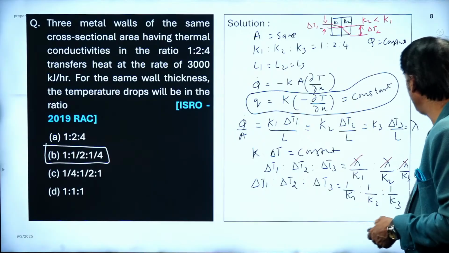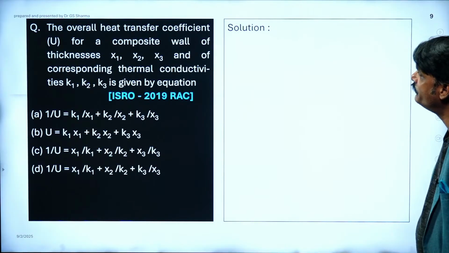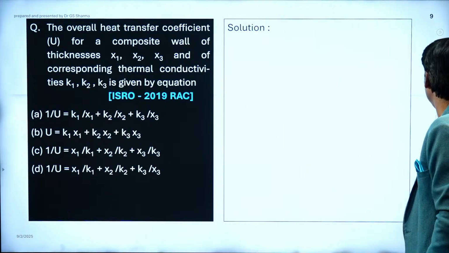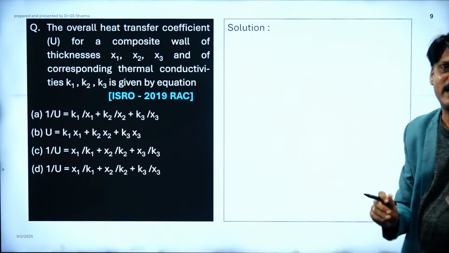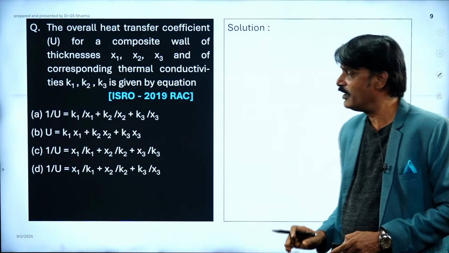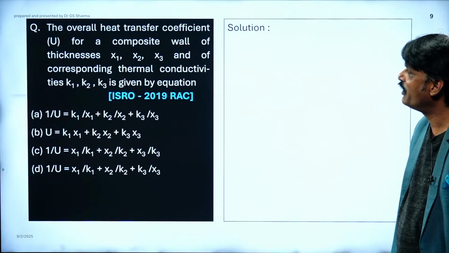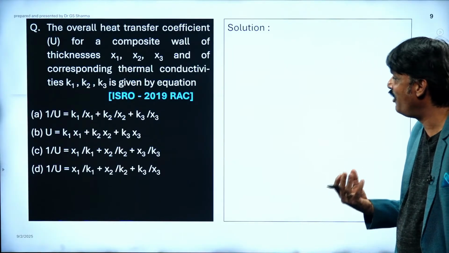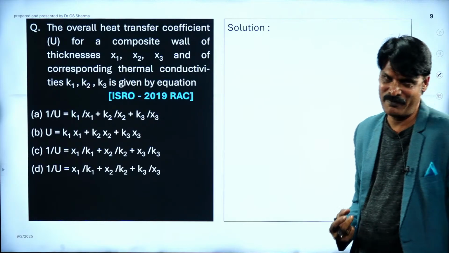I will roll to the next question. Yes, I have the overall heat transfer coefficient. See how beautifully the questions were being framed.